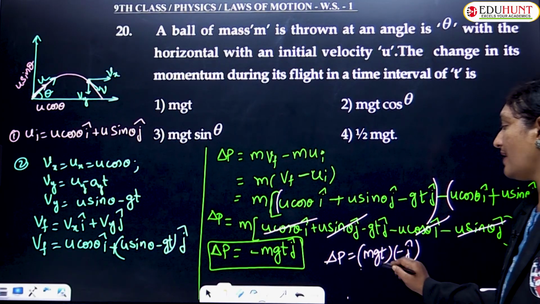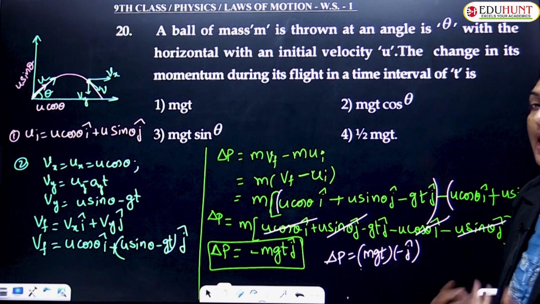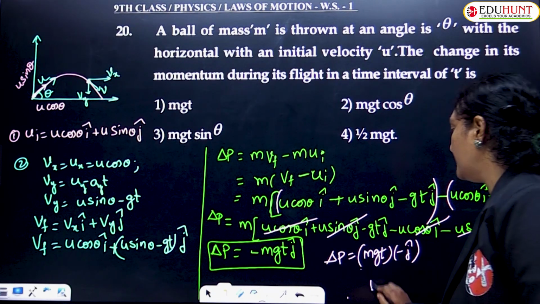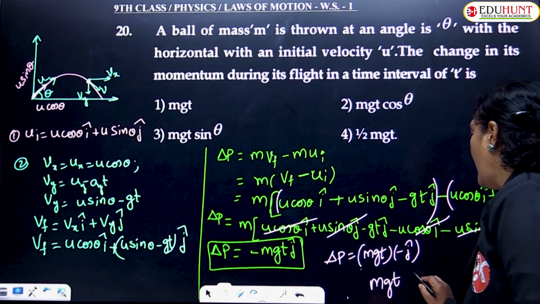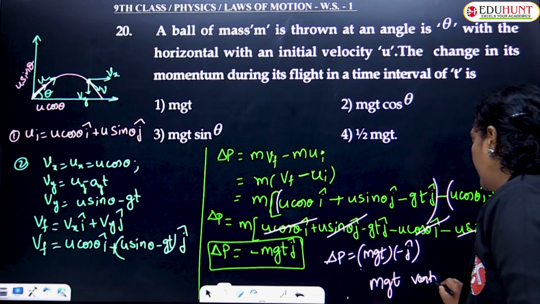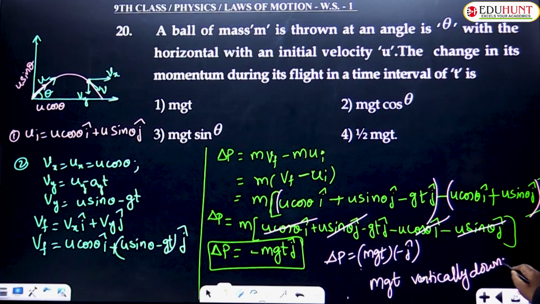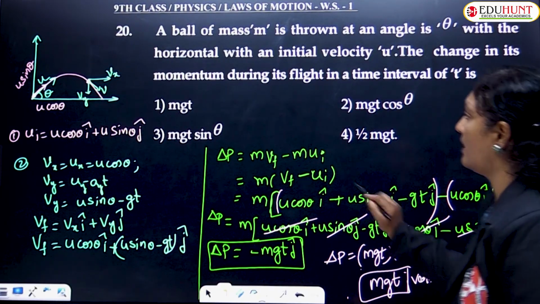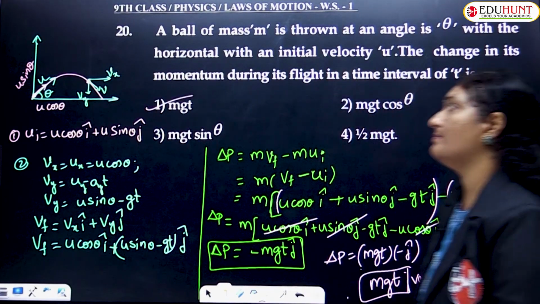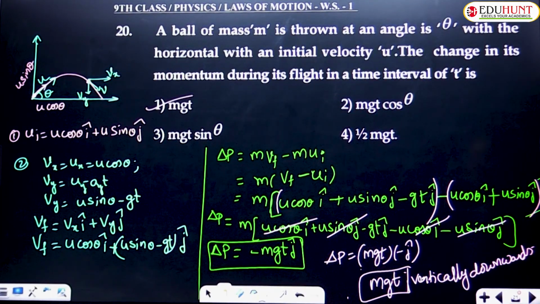So the change in momentum is mgt acting vertically downwards. This is the complete answer. So the option must be option number 1, that is mgt. If they are asking for the direction also, it can be given as vertically downwards.